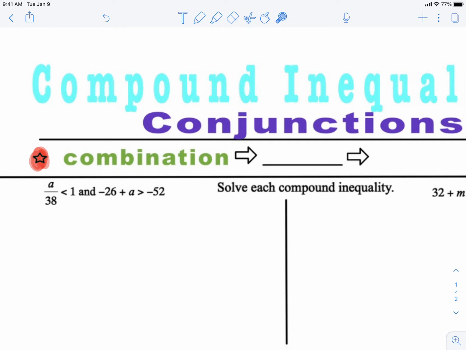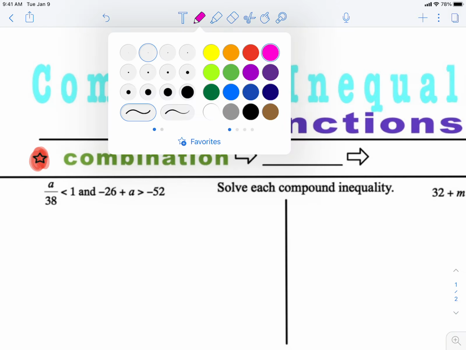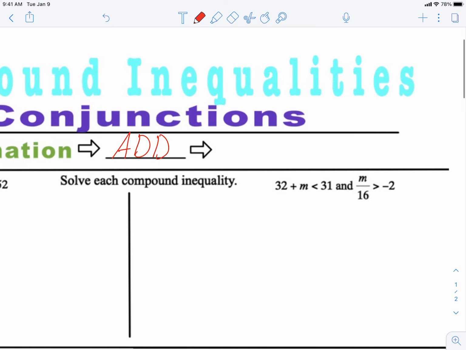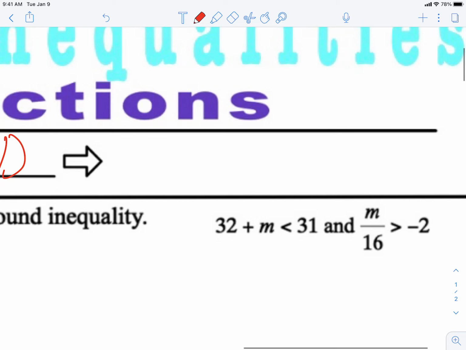So we're going to think of combination. Well, how do you combine things? When you combine things, it means that you add them together, right? You add things together when you combine them. And when you combine things, what you're doing is you're bringing things together.